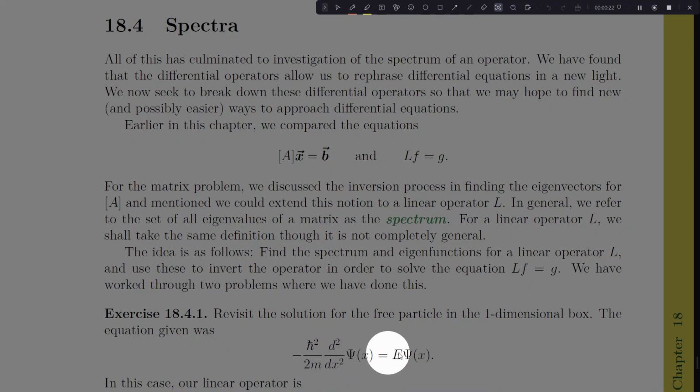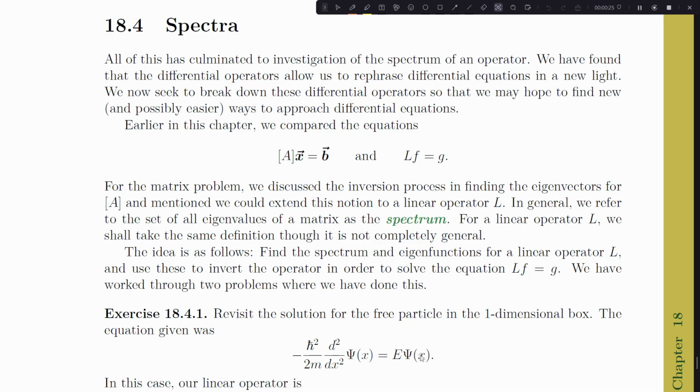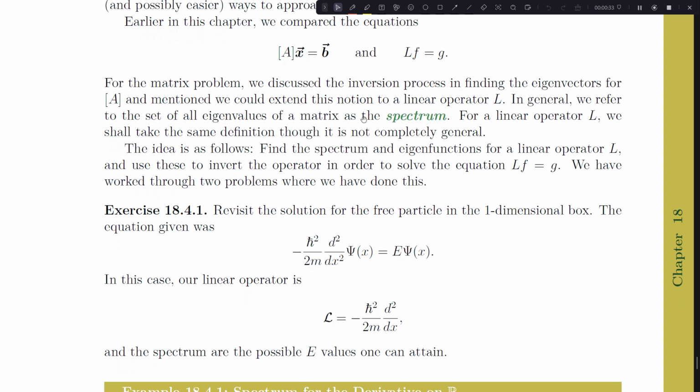So this was the eigenvalue equation, which basically gave us our solutions to the particle in the box last semester. And in this case, the linear operator, of course, is everything on the left-hand side. So it's h bar squared over 2m, and then two derivatives in x, and then this is your eigenvalue. This is the linear operator.